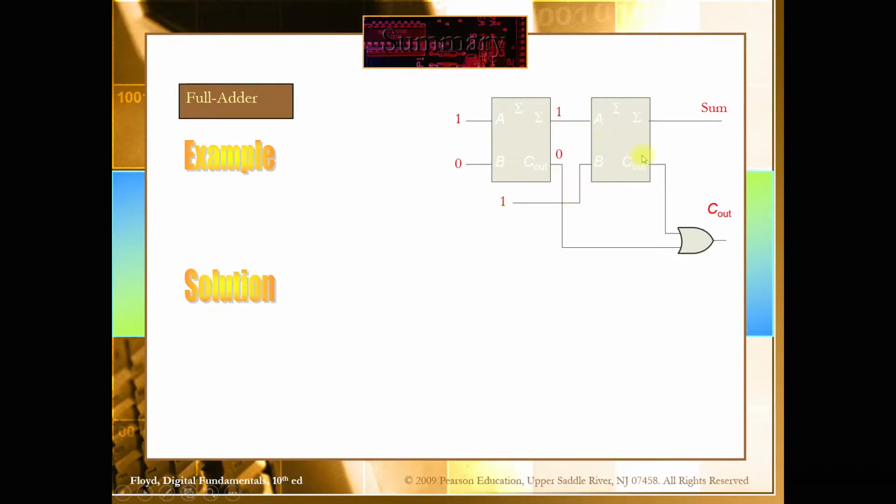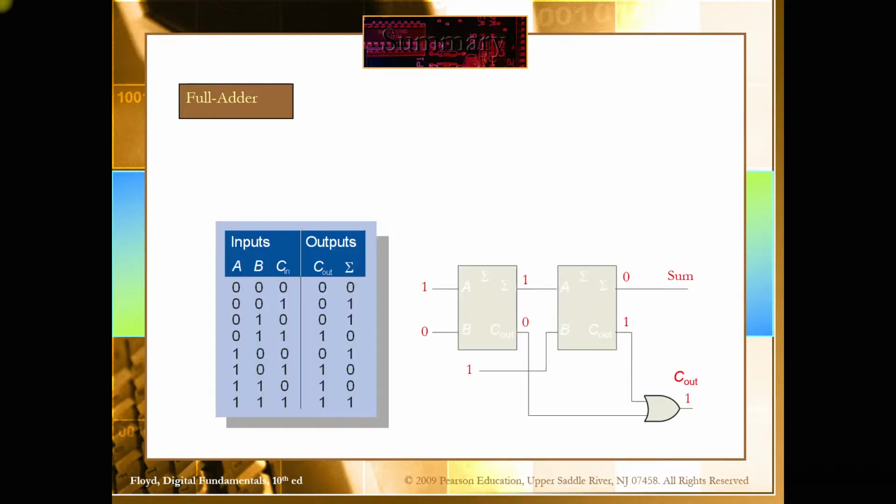We add that one, and the C out from this one goes into the C out OR gate. The sum which we get from 1 plus 1 is 0, but the C out is 1, so the OR will now have a 0 and a 1, which will then equal a sum of 0 and a C out of 1. This is the truth table of the full adder.